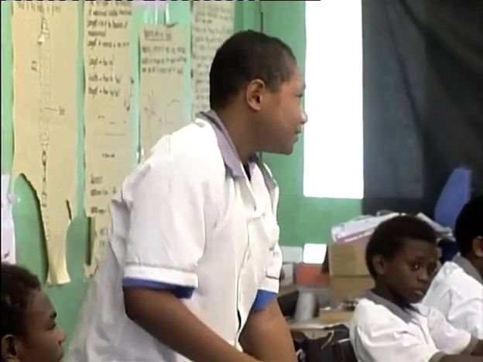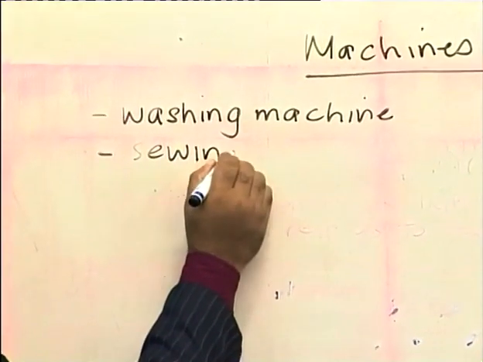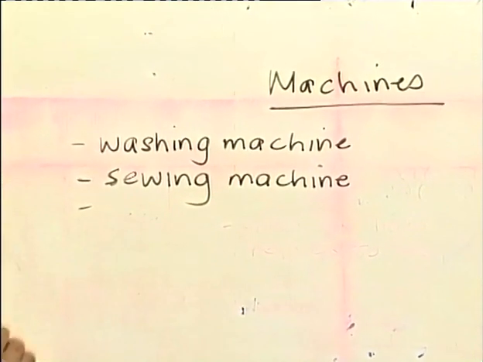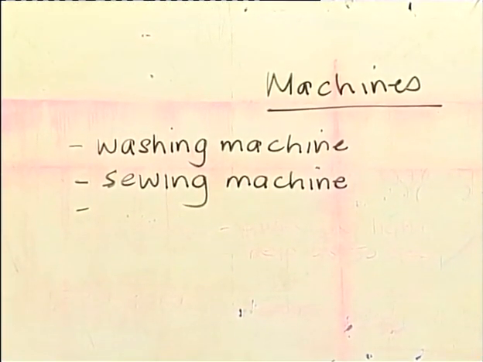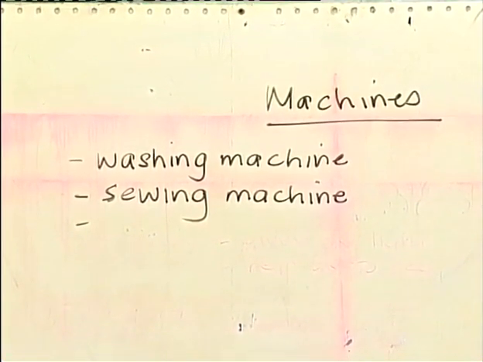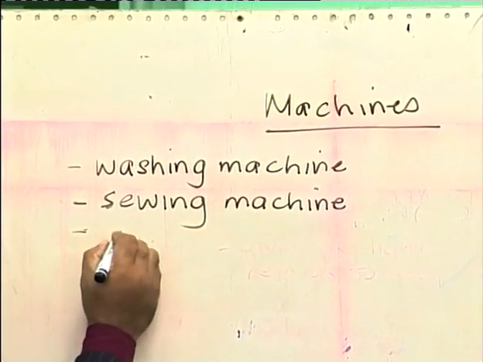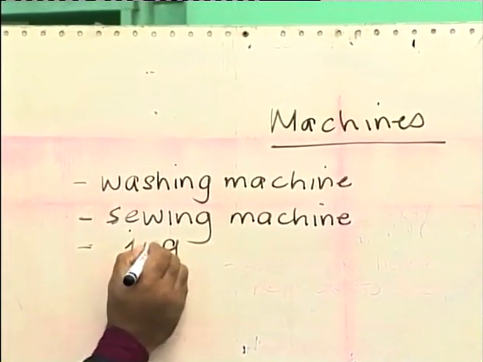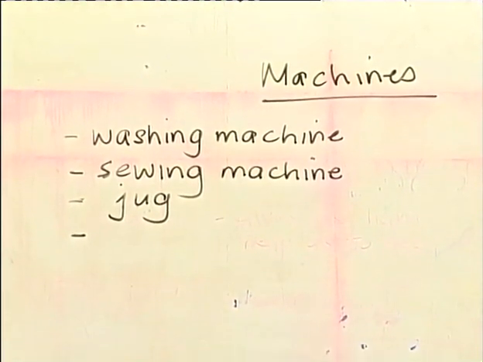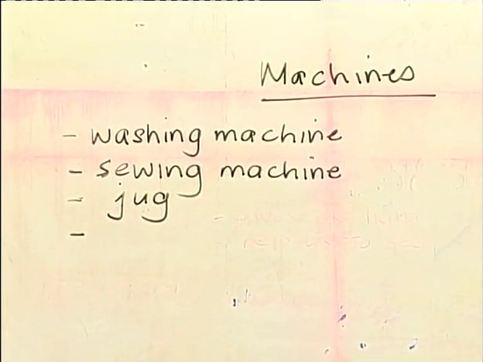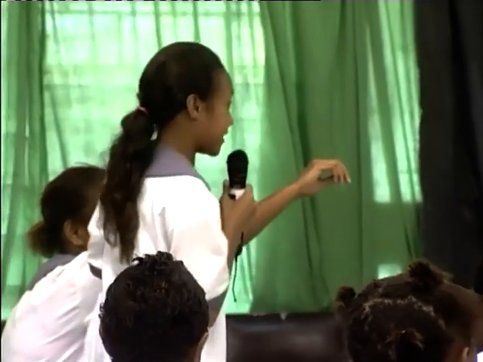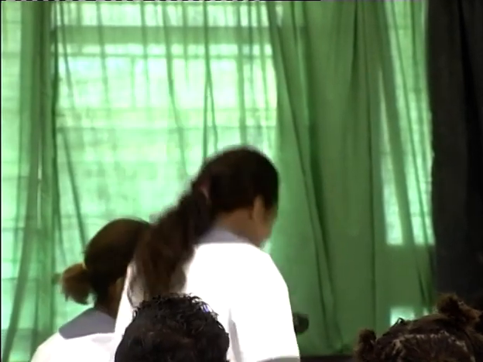Sewing machine, very good. Emmanuel. Jug. Michaeline? Generator, okay, very good.